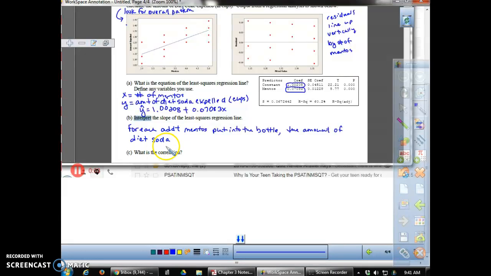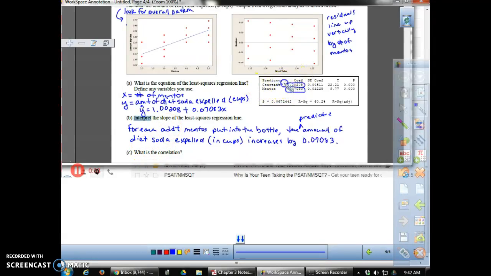It's kind of a combination because the Mentos will start to dissolve, so it's actually a combination of diet soda with the Mentos in it. And it really should be the predicted amount, because this is what's impacting the prediction. All right, so that is how you would interpret the slope for this situation.